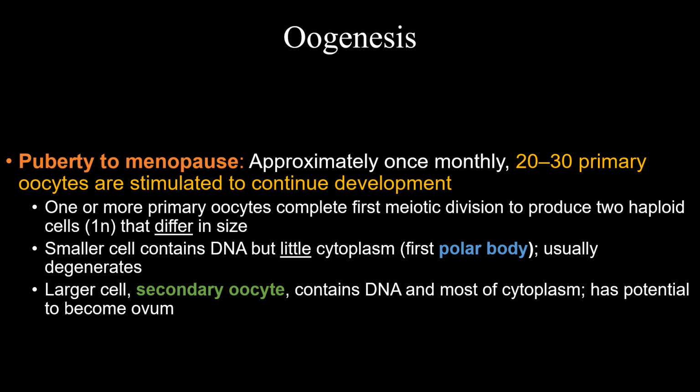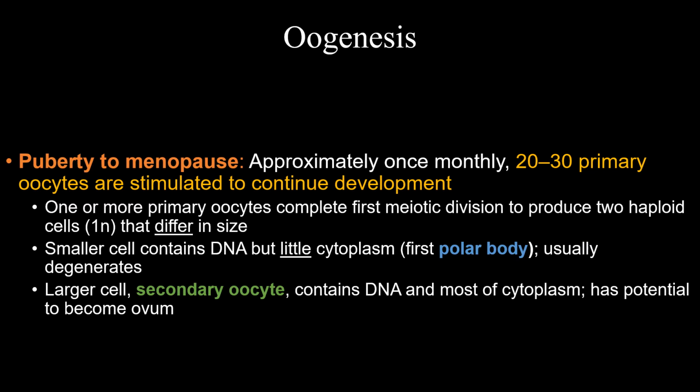The smaller cell is going to be the first polar body, and it contains DNA, but very, very little cytoplasm, and it very often degenerates. The larger cell, called the secondary oocyte, contains DNA and most of the cytoplasm, plus some absorbed extracellular fluid.